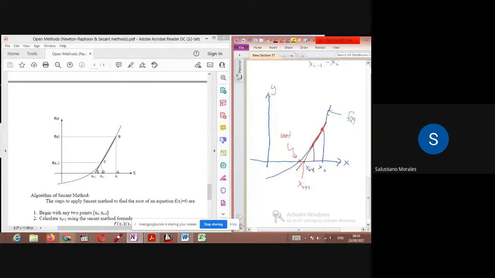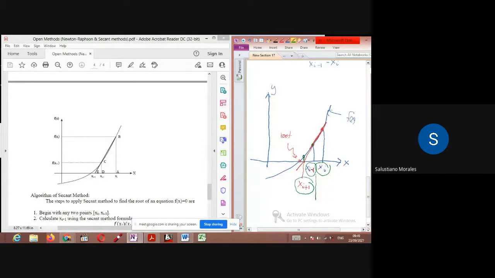for the next iteration, okay, so bali, kung we go with the algorithm, so ang first algorithm natin is we're going to consider xi and xi minus 1. Then, using the second formula, we can locate now xi plus 1. Then, for the next iteration, we go now with these two values here.